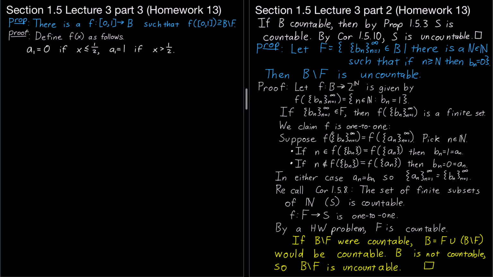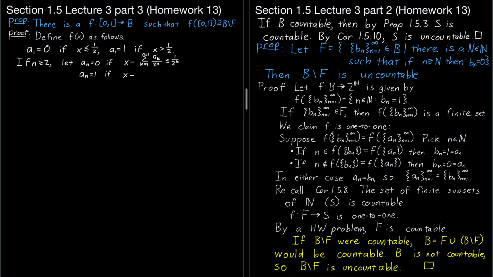And then if n is greater than or equal to 2, we are going to let an equal 0 if x minus the sum from k equals 1 to n minus 1 of ak over 2 to the k is less than or equal to 1 over 2 to the n, and an equals 1 otherwise.